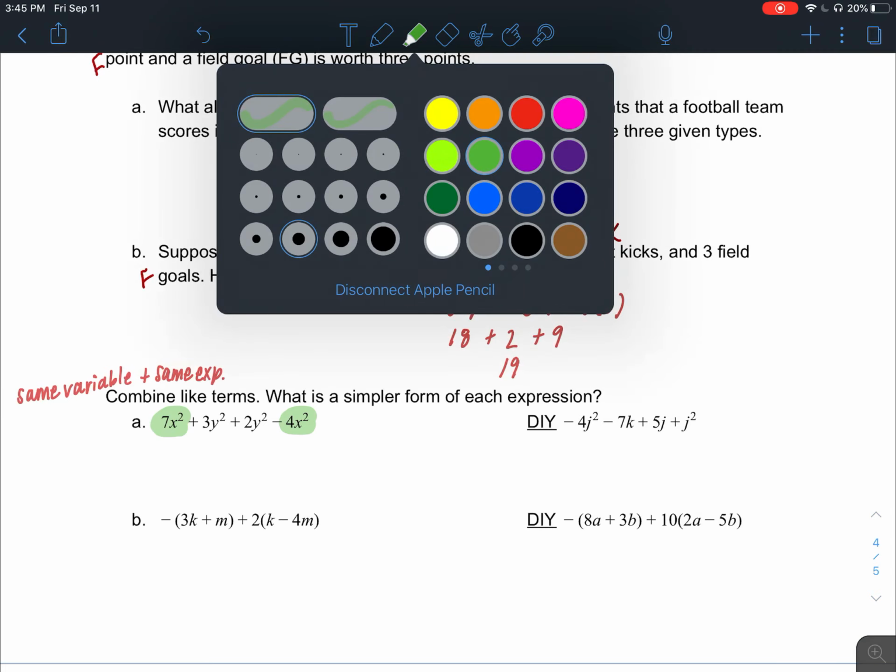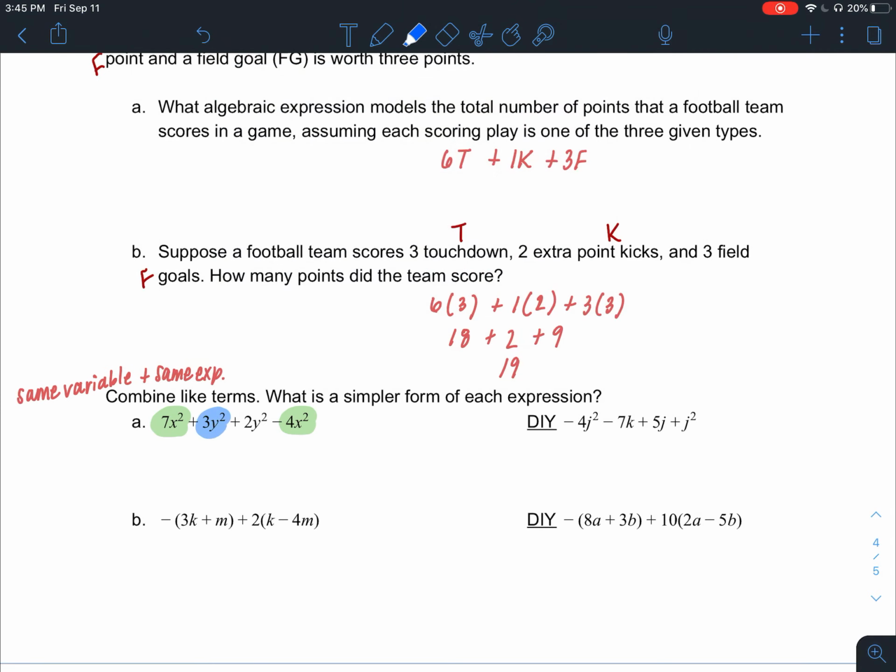Same thing with 3y squared and 2y squared. They have the same variable and the same exponents. So we can combine those terms. So 7 plus 4 is 11x squared. And 3y squared plus 2y squared is 5y squared. The variables do not change after we add them.